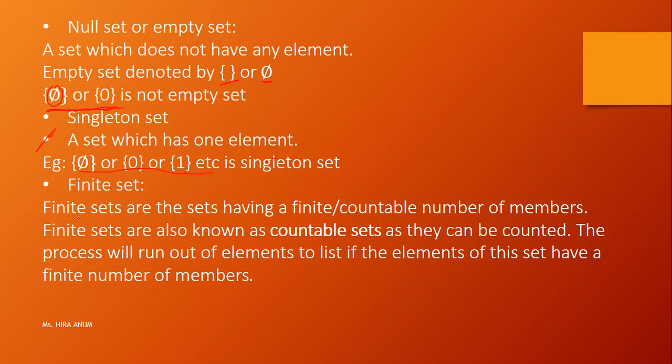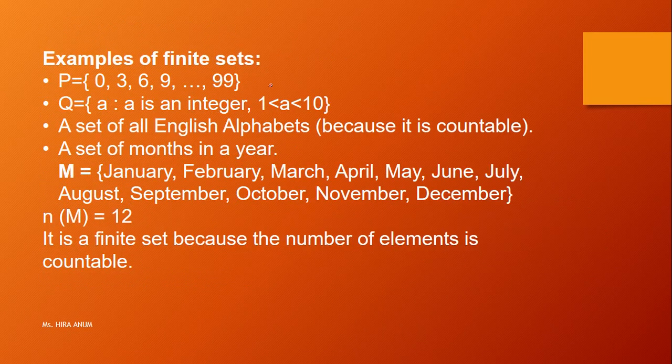Then we have the finite set. In a finite set we have a countable number of members. Finite sets are also known as countable sets. The process will run out of elements if the list has a finite number of members, like 0, 3, 6, 9, and so on up to 99.